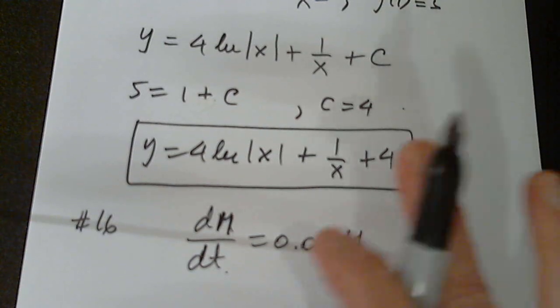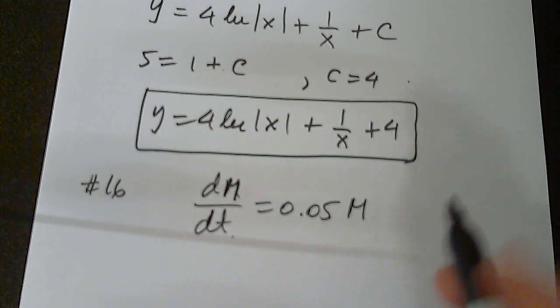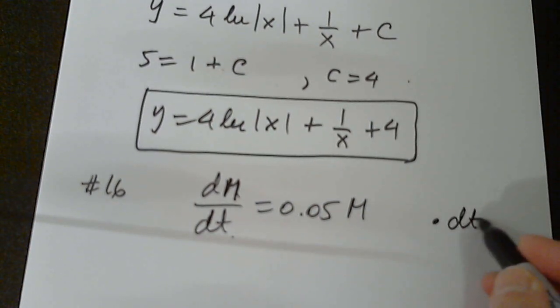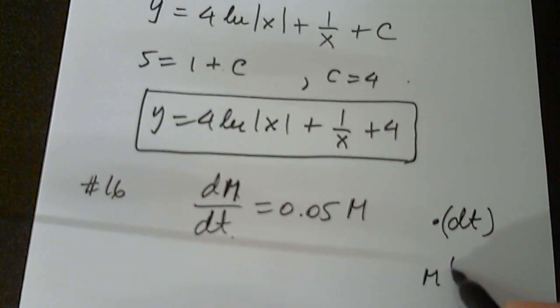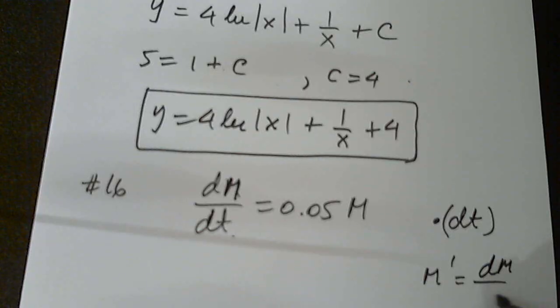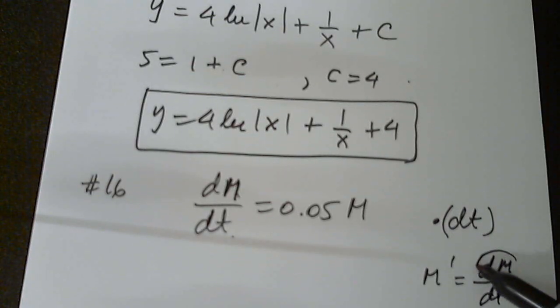The first step that we have to perform here is to multiply both sides by dt. Although this piece is the same thing as m prime, as we know, it's just a different notation. But we also learned in a previous chapter that this piece is the differential of m, and this piece is the differential of t.